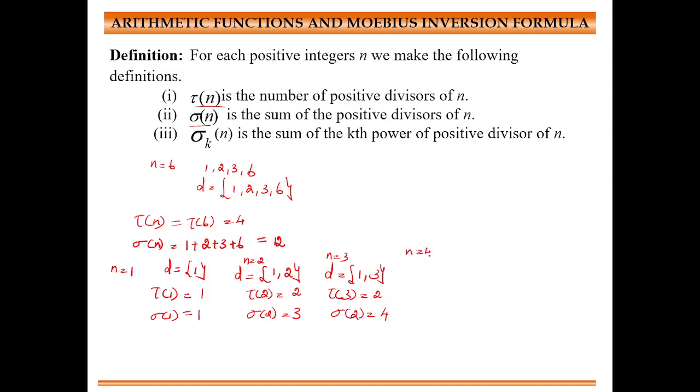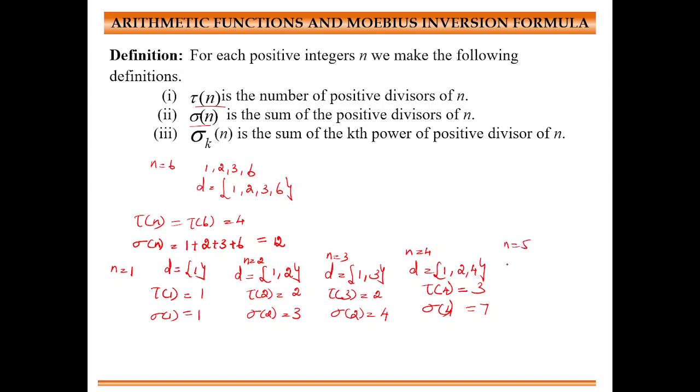If n is equal to 4, the divisors of 4 are 1, 2, 4. Tau of 4 is 3, which counts the positive divisors of 4: 1, 2, 4. Sigma of 4 is the sum of the positive divisors of 4, 1 plus 2 plus 4, which gives 7.